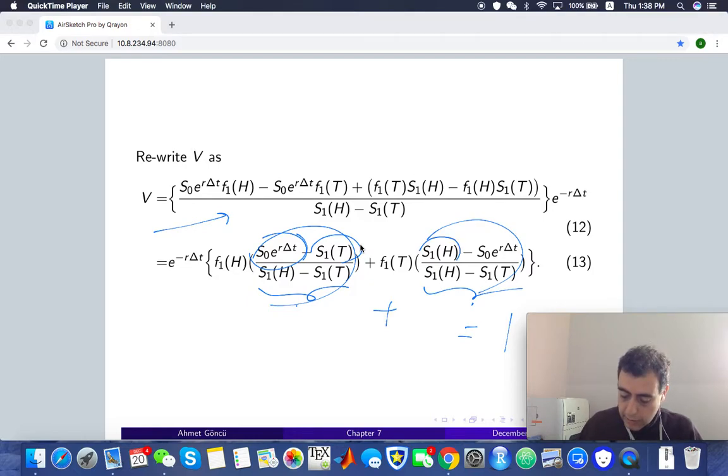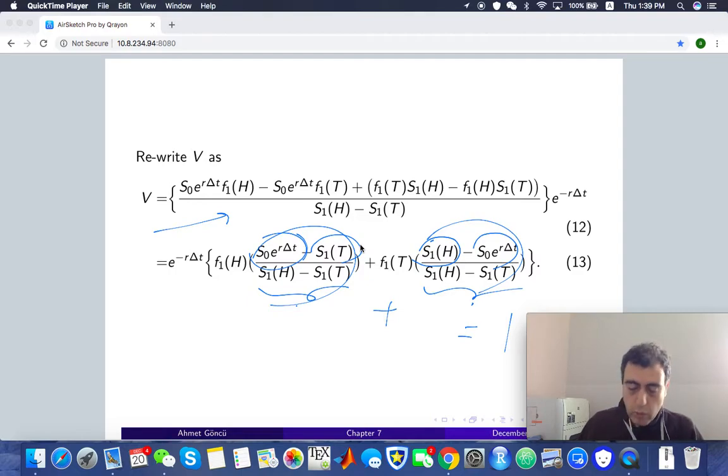And similarly, when the stock price goes up, this state of nature should be always greater than the risk-free growth of the initial S0 value. Otherwise, again, there exists an arbitrage opportunity. So we can see that we have two quantities here, just like weights, and they add up to 1.